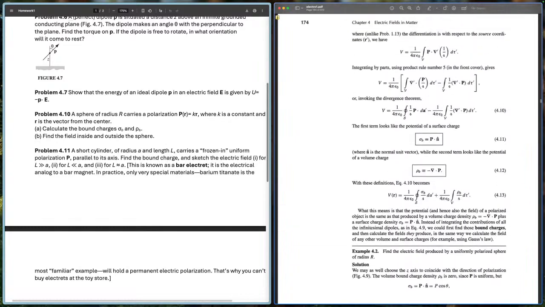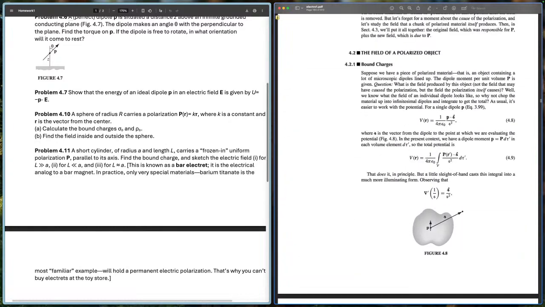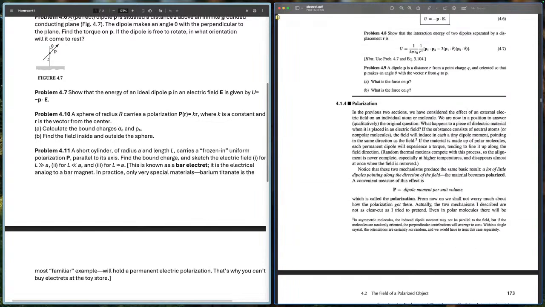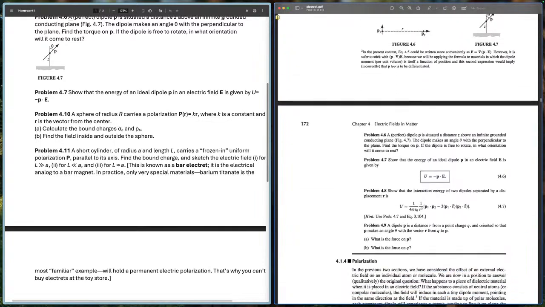So then we can also give this section a read. Okay, so on polarization.